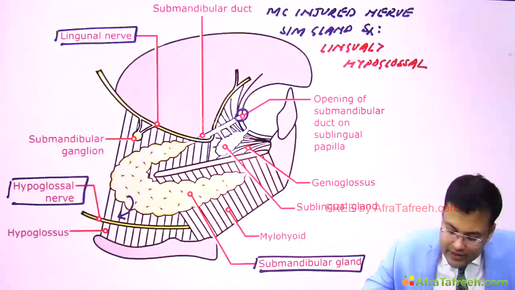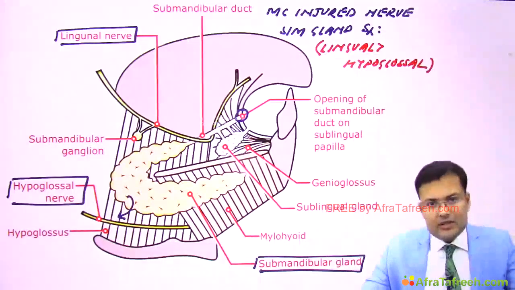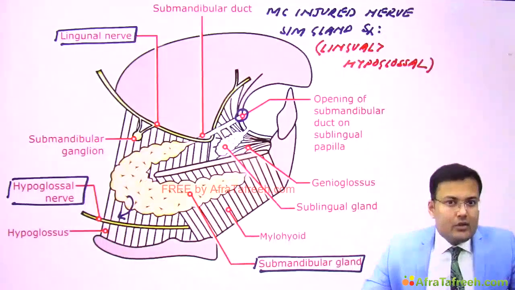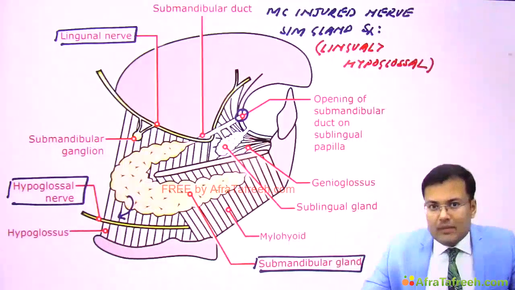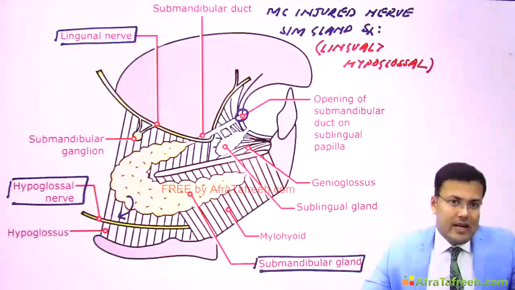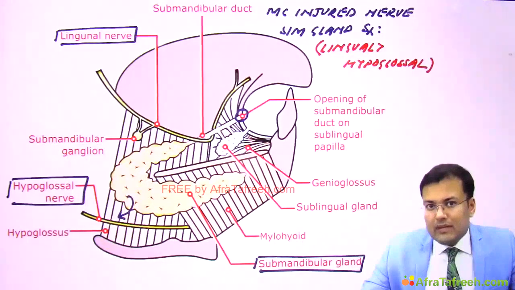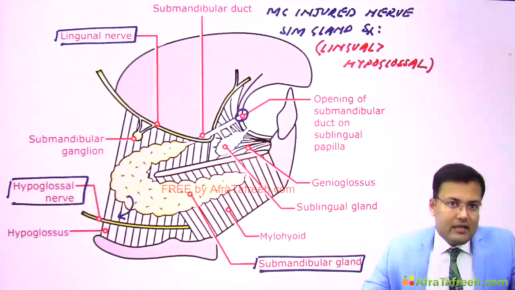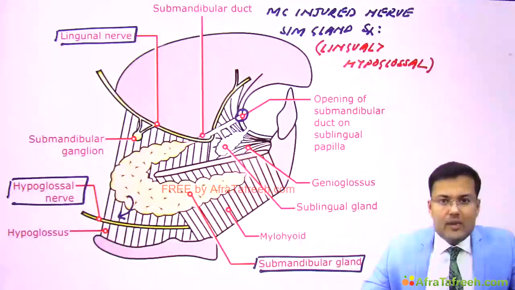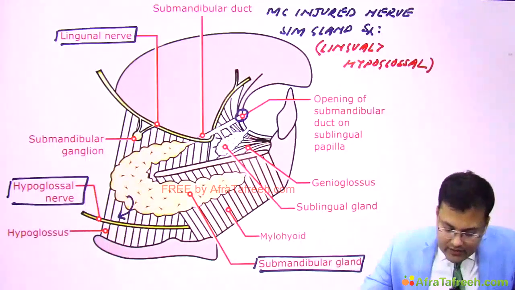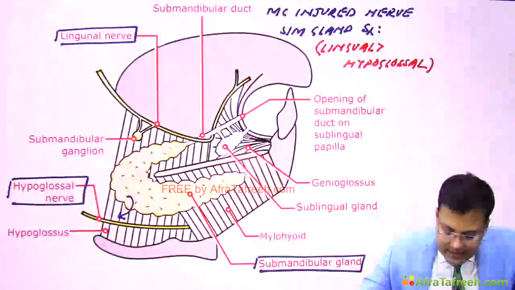Okay, one question. Now see another question. Sialolithiasis means stone in the salivary gland. Sialolithiasis is most commonly seen in submandibular gland. 80% of salivary gland stones occur in submandibular gland. Why? Because the secretions of submandibular gland are viscid.